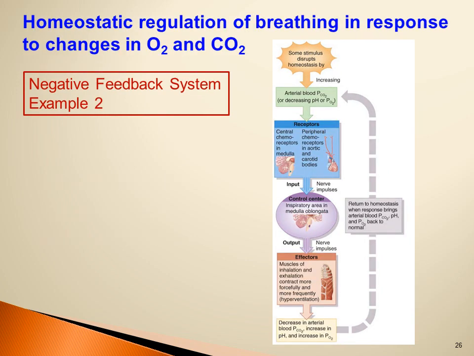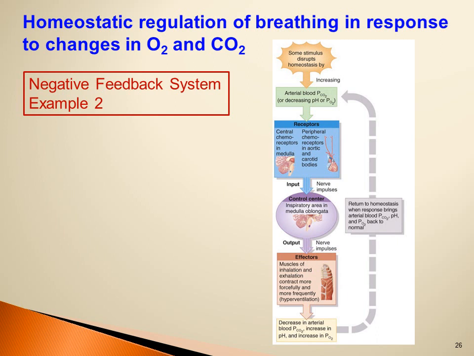The second example of a negative feedback system is the homeostatic regulation of breathing in response to changes in arterial oxygen and carbon dioxide. So the stimulus is either a decrease in the arterial oxygen or an increase in the arterial carbon dioxide, or even low blood pH.